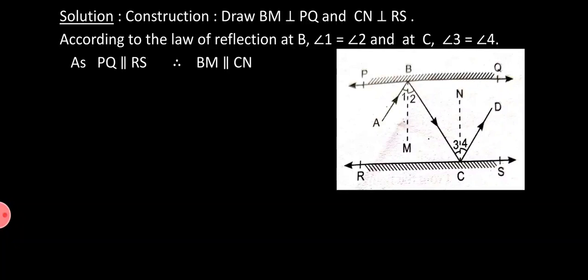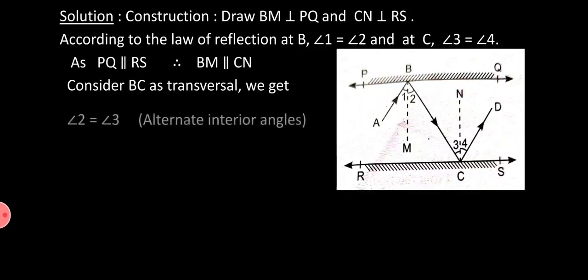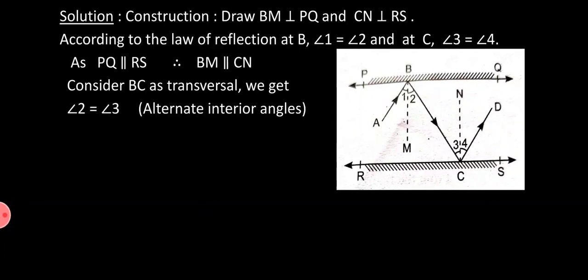As PQ is parallel to RS, therefore we can write that BM is also parallel to CN. Consider BC as transversal, we get angle 2 equal to angle 3 because these are a pair of alternate interior angles.